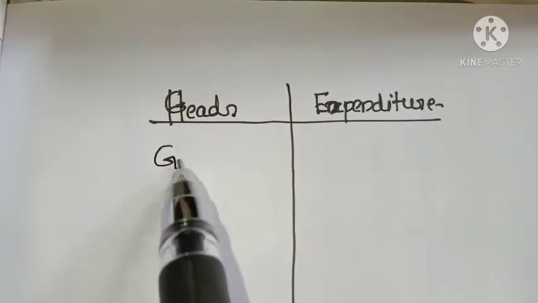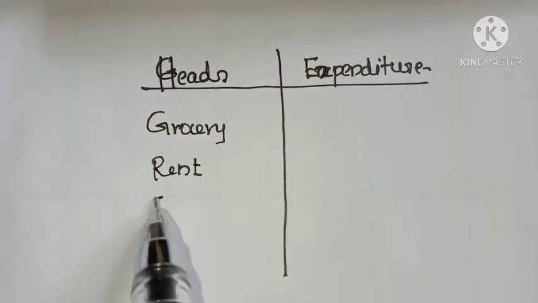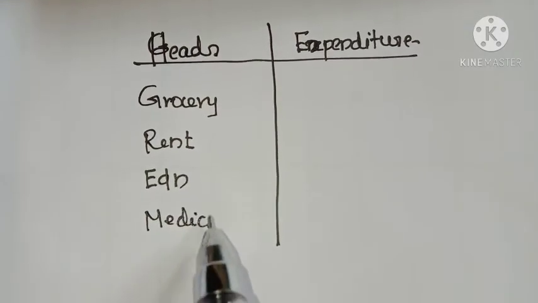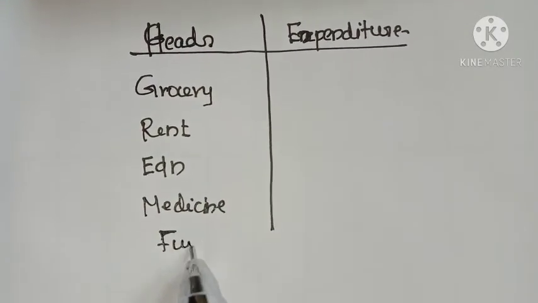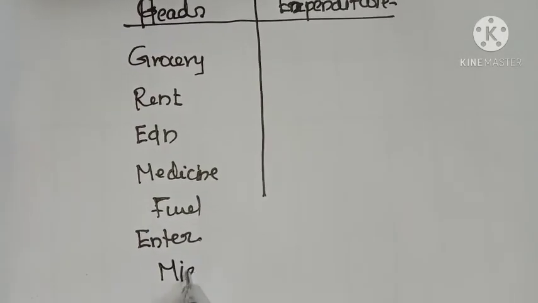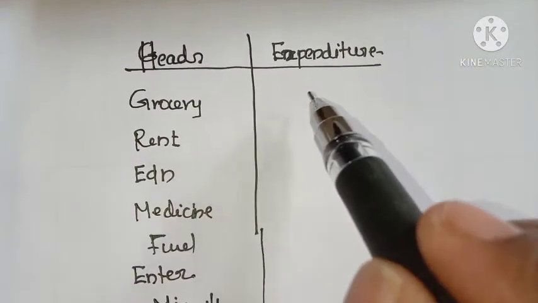So heads are grocery, rent, then education of children, medicine, fuel, entertainment, then miscellaneous. Okay. So in 1,000 rupees the expenditure is also given.